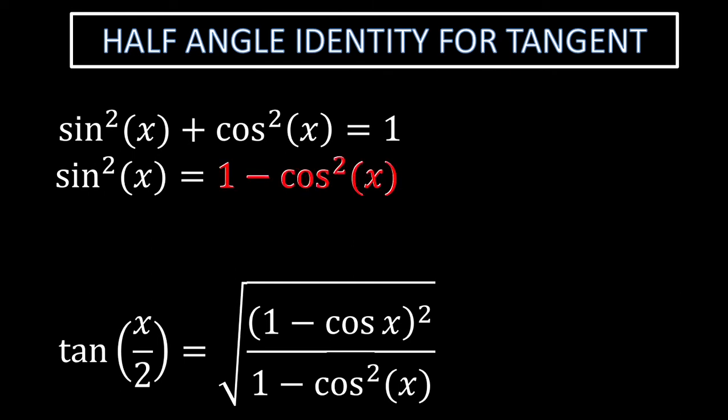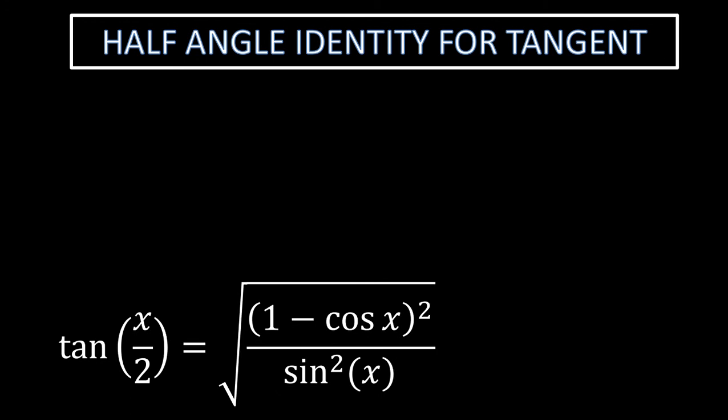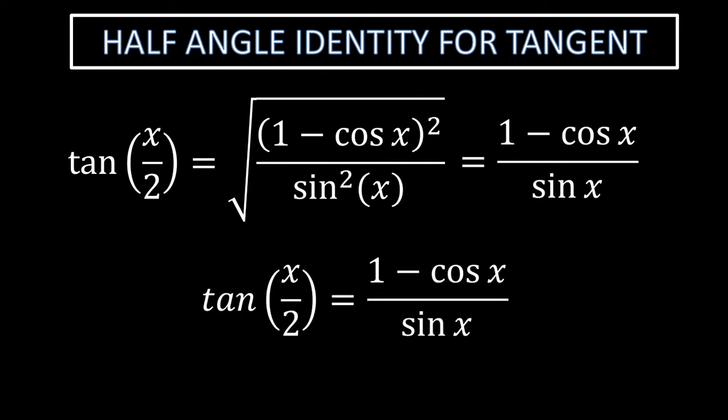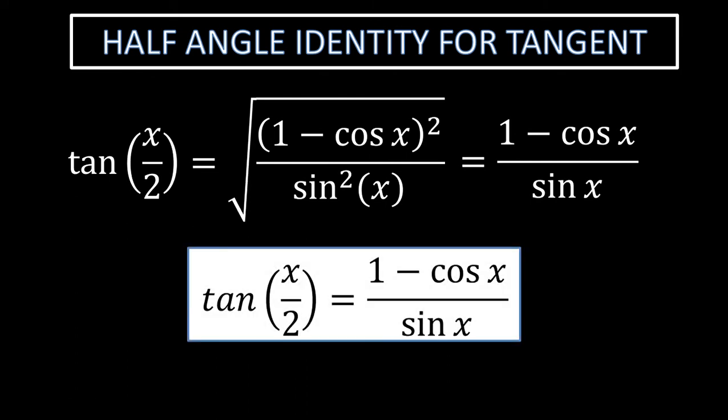So if I replace the 1 minus cosine squared x here, the denominator becomes sine squared x. And then, by simplifying this expression, the square root and the square here and here cancel. So, here it is: 1 minus cosine of x over sine of x. So we just derived another half angle identity for tangent.